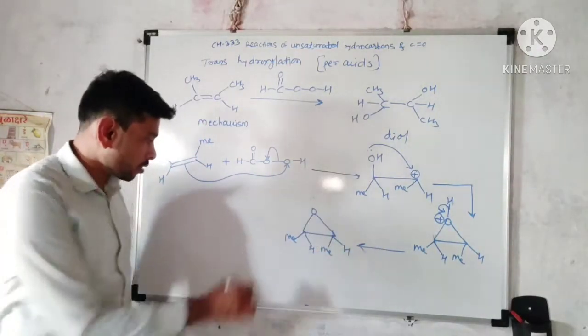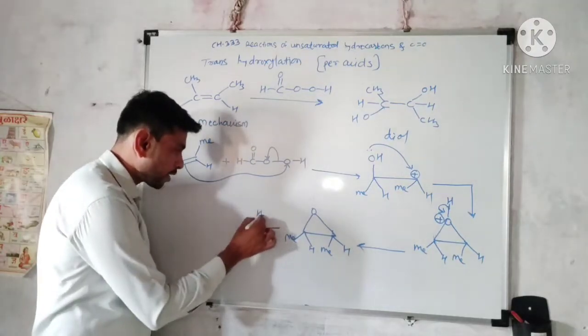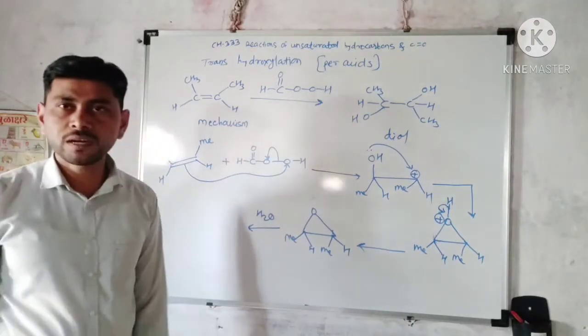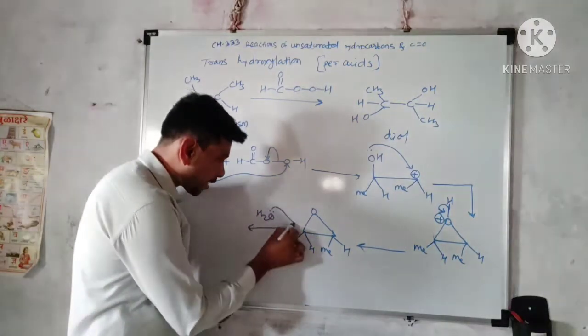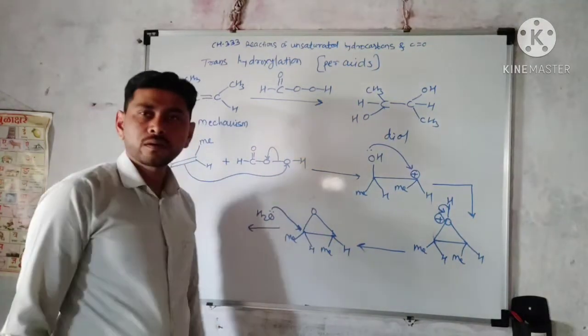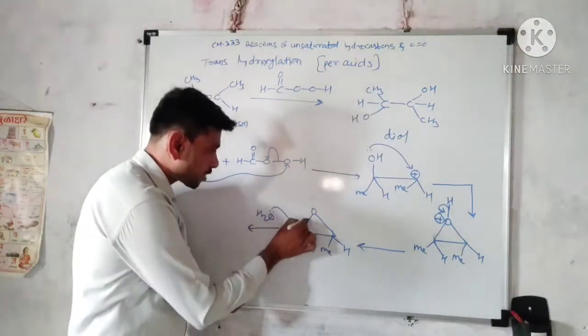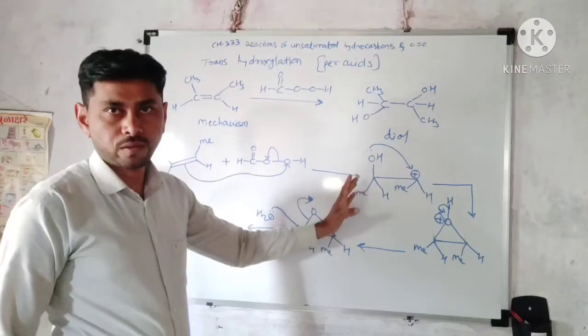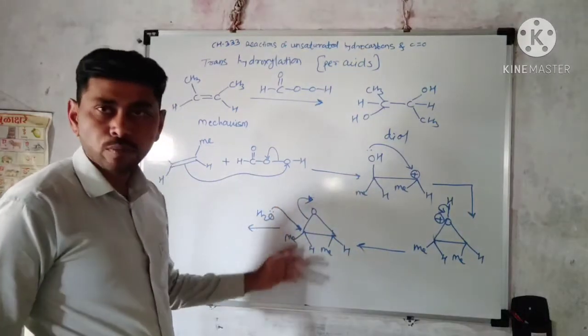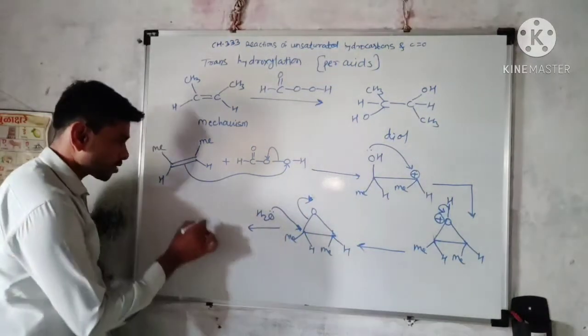In the next step we added water. That means hydroxyl group transferred from H2O, where it attacks from the opposite side and opening takes place here. So one OH from one side and another attacks from the opposite side, so we get trans-diol formation.